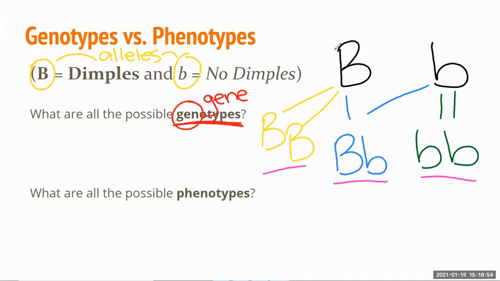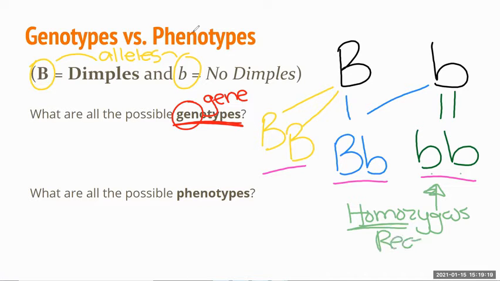Very similarly, if we look at this genotype, it's also going to be homozygous. Again, because it's the same. But this one, because we have two little b's or two recessive alleles, we call this one homozygous recessive.